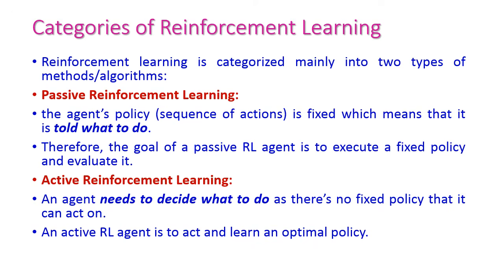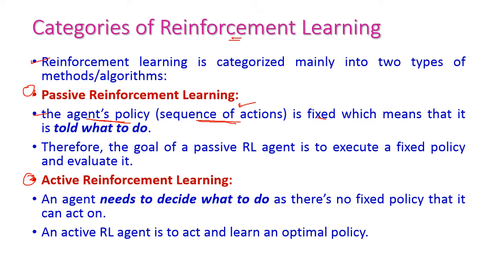Next, let us see the categories of reinforcement learning. There are two main types. First one is passive reinforcement learning and second one is active reinforcement learning. In passive reinforcement learning, the agent's policy is fixed. A policy, simply said, is a sequence of actions, which action is to be performed on which state, and those are defined previously.